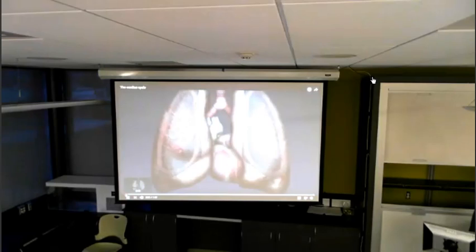The reason is that the heart has its own electrical system. All this is the electrical system of the heart, and specifically this is called the intrinsic conduction system. What this does is it rhythmically stimulates the cardiac muscle and causes it to contract.